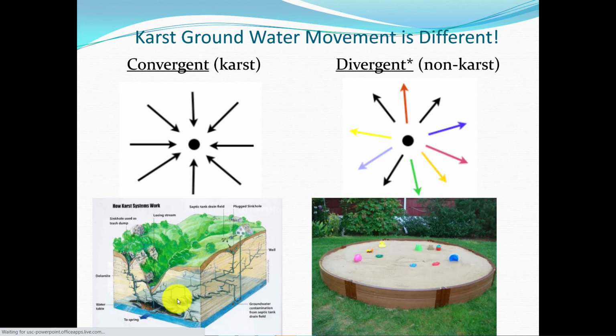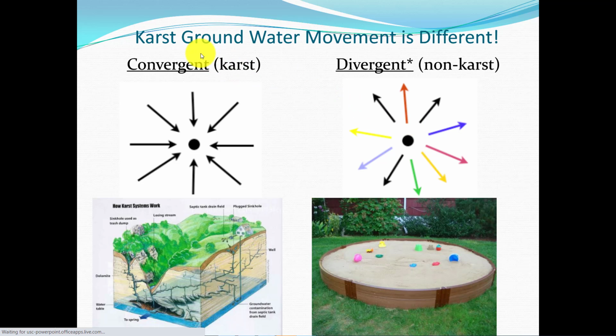If you have wells, or some sort of large non-point source pollution, all that could make its way down to a convergent karst system, which would have different impacts than it would if you had a divergent system. That's why it's so important that environmental geologists, environmental engineers, and environmental scientists have a good understanding of karst.